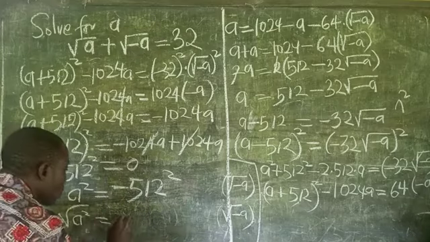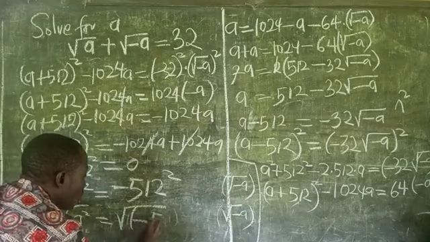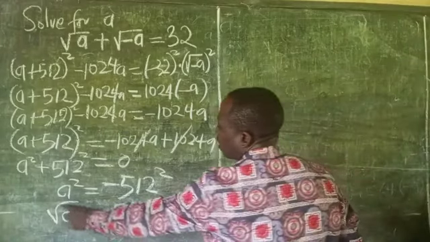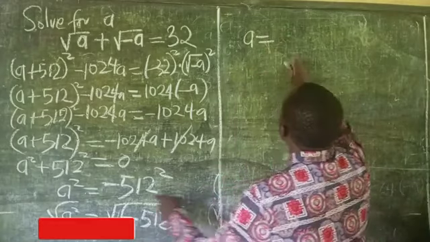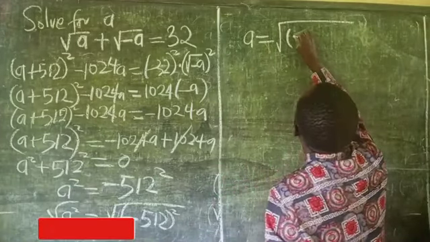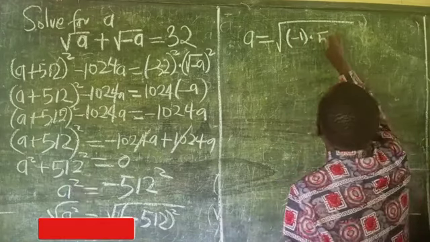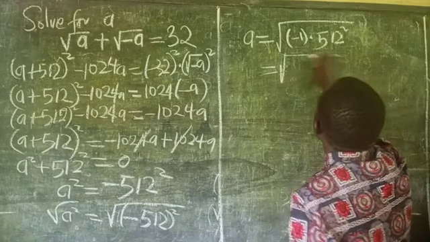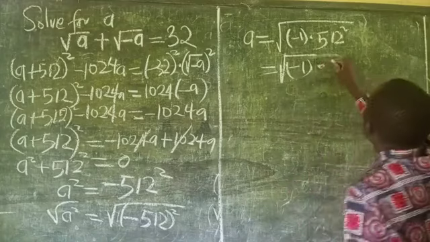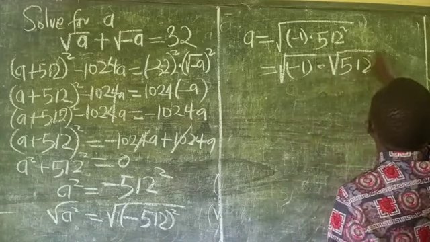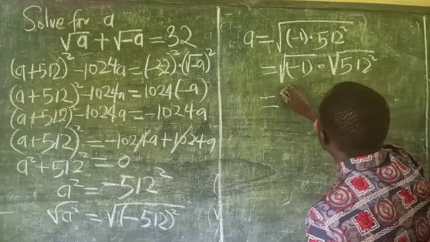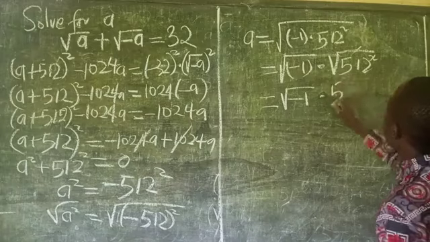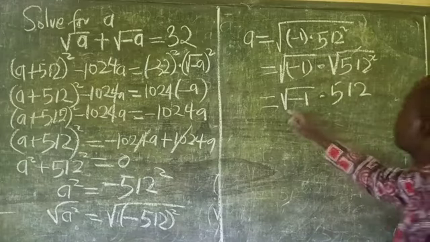If we take the square root of both sides to eliminate this square, a equals the square root of minus 512 squared. The square will take care of the square root, and we will be left with a equal to the square root of minus 1 times the square root of 512 squared, which becomes 512 times the square root of minus 1.